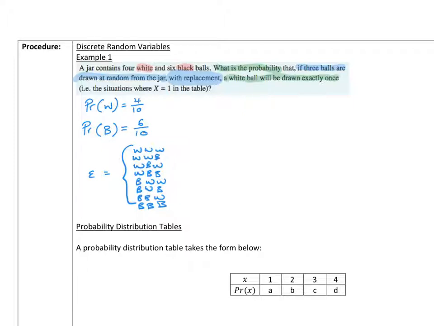We've got white, white, white, so there x would equal 3. White, white, black, x would equal 2. White, black, white, x would also equal 2. And the first situation we see is white, black, black. So if we imagine the probable chance there, we've got 0.4 times 0.6 times 0.6. We also know, if we go a little bit further down, that we could go black, white, black.